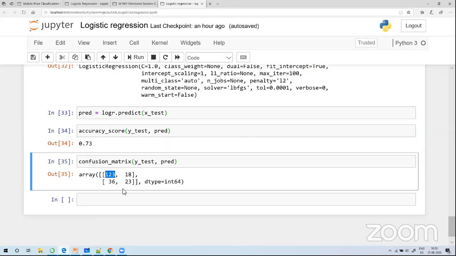So to look at whether the model is really making good predictions or not, we always look at the true positives, false positives, and false negatives. We don't care about true negatives. So that's the importance of a confusion matrix.